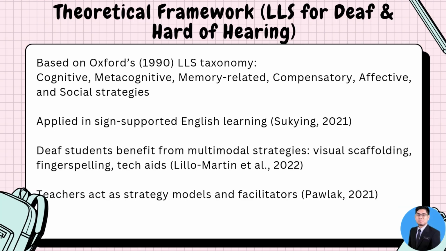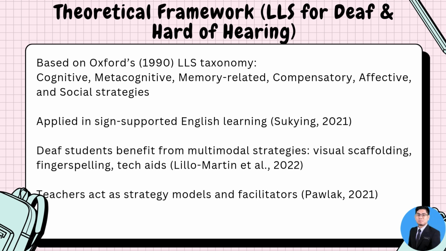This study uses Oxford's 1990 language learning strategies taxonomy, which classifies strategies into six types. The six types are cognitive, metacognitive, memory-related, compensatory, affective, and social. These categories help frame how learners acquire language in both spoken and written contexts.